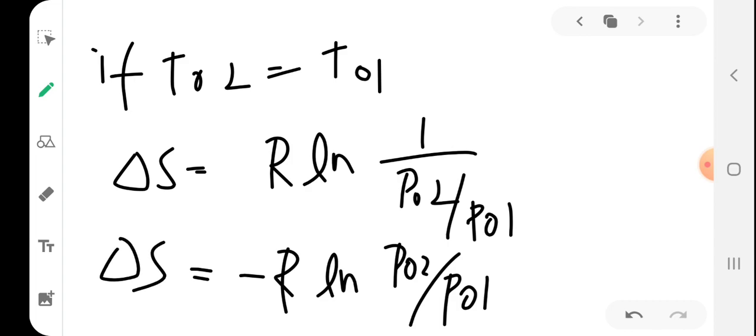So when the stagnation temperatures are same, then the equation will become delta S equal to minus R log P02 by P01. So this is how we write the entropy relations.